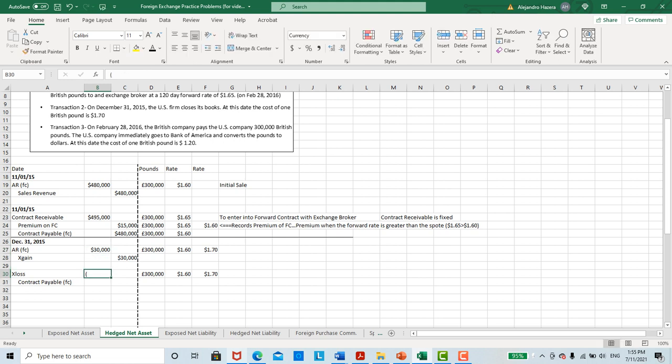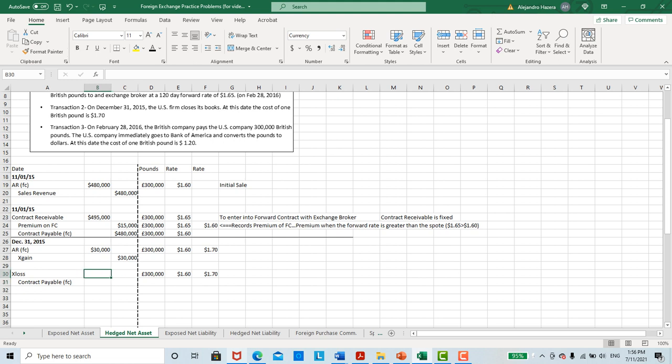So the impact accounting-wise from the hedge is that you're protecting yourself. If the account receivable goes up, you're going to record a gain. However, your contract payable, because you're going to give up something of greater value, goes up, and you're going to record exchange loss. So all these gains and losses will be offset by those gains and losses there.